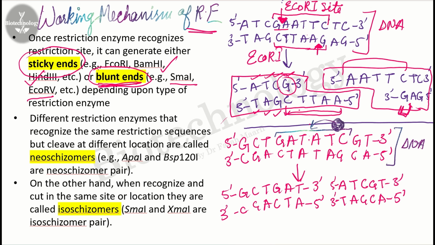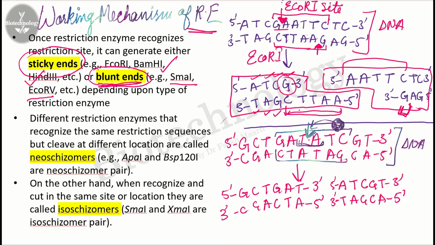It recognizes GATATC, makes an attachment over there, and recognizes the phosphodiester bond that is present between A and T. So it makes a cut in between the A and T like this.